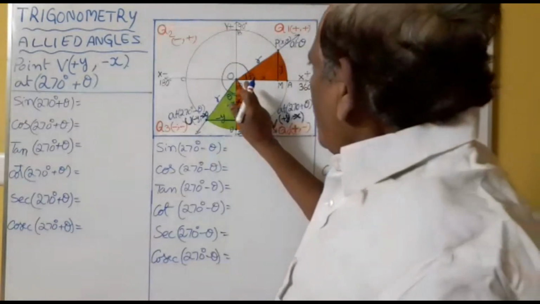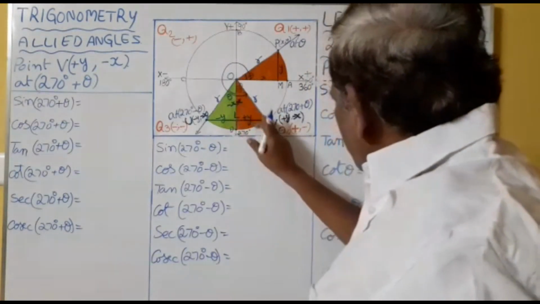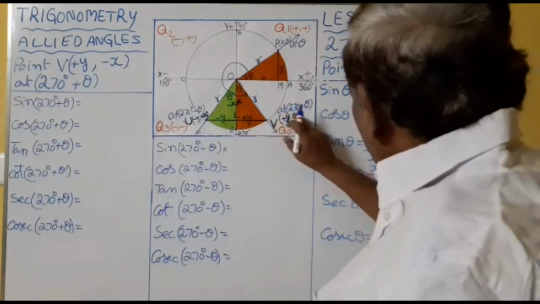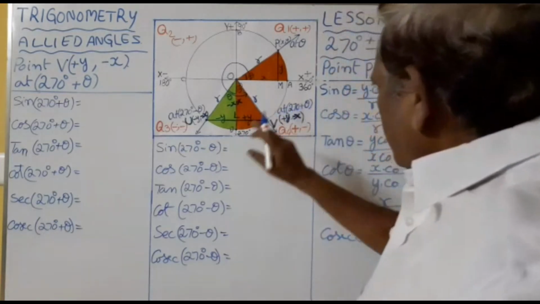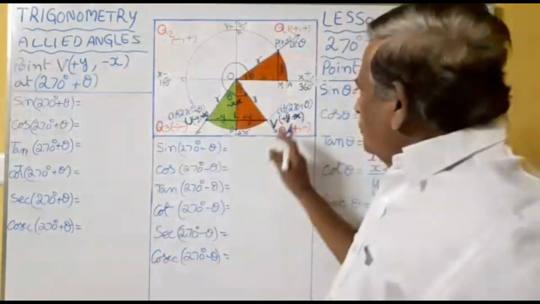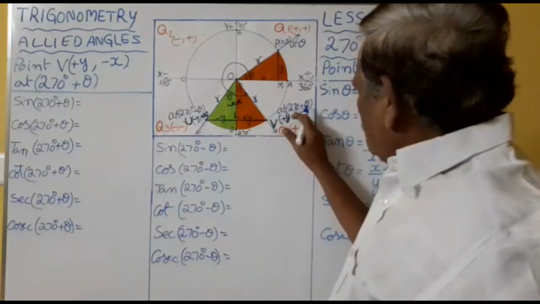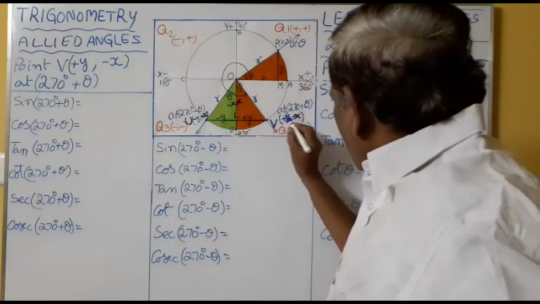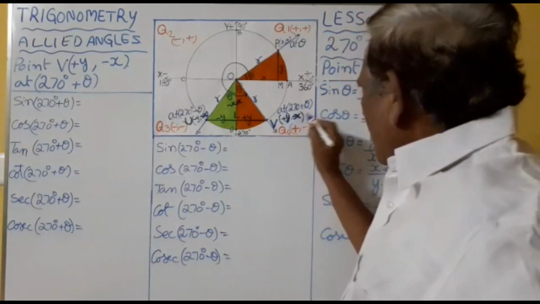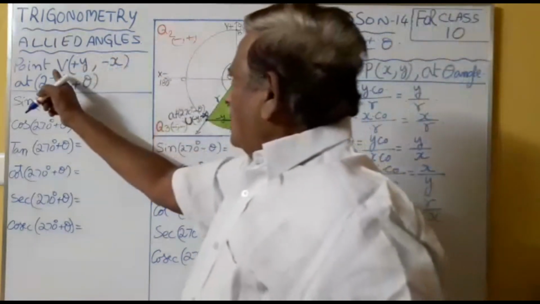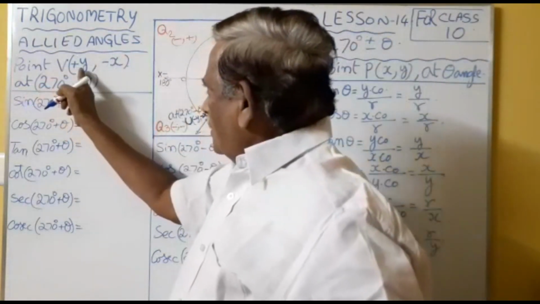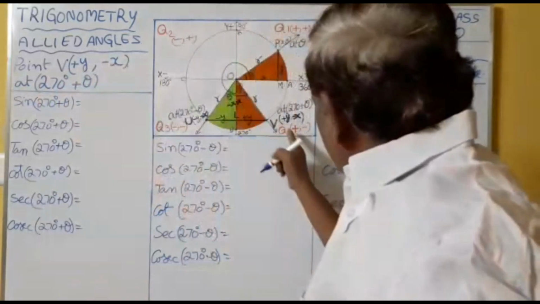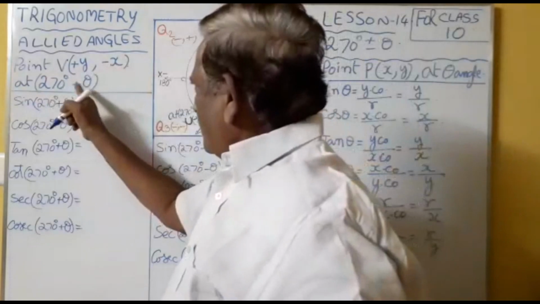So, the OV ray represents the ray at 270 degrees plus theta. Now, the coordinates of V are plus y, minus x, and that ray is at 270 plus theta degrees.